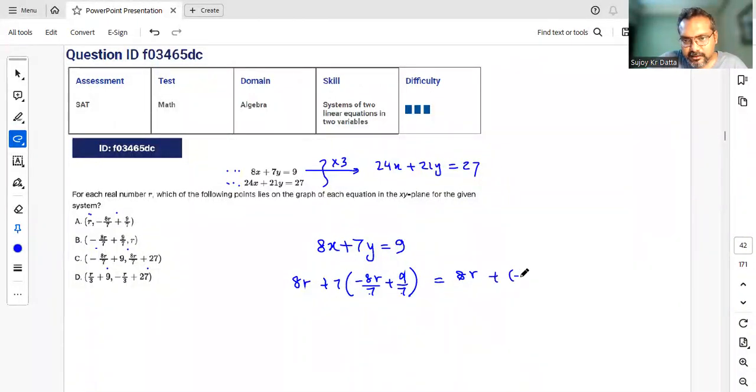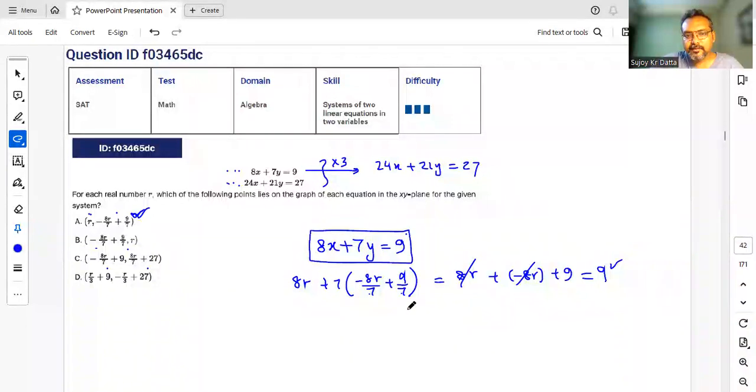So plus, this is minus 8R plus 9. Don't we get 9? Yes. So that means this actually ends up satisfying the equation that we have. Once we know that this is definitely going to satisfy, we have to just verify with one equation. That's our answer. You don't need to check anymore. Okay, so we have the answer as option A.